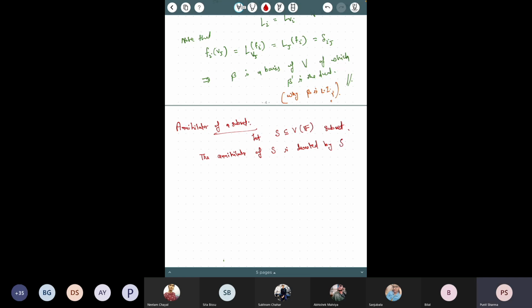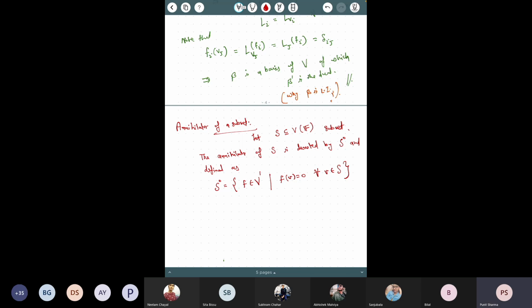This is the notation we will use to denote the annihilator of S, and it is defined as the collection of all linear functionals on V, that means all elements of V dash, such that f of v is 0 for all v in S. So that means you just collect all those functionals on V that annihilate S. Annihilates means if you take any vector v in S, then f of v is 0. Okay, so this is the definition of annihilator.